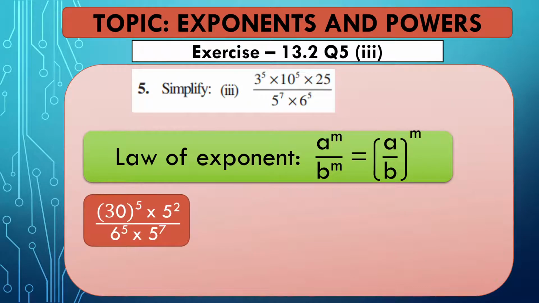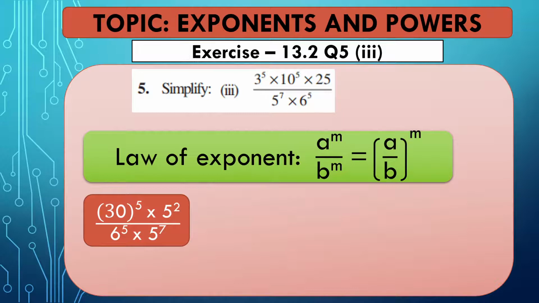The law which we can apply now is a to the power of m by b to the power of m is equal to a by b to the power of m. That is, in the case of division, when the bases are different but powers are same, what we can do is divide the bases.